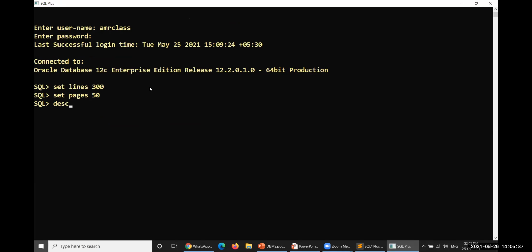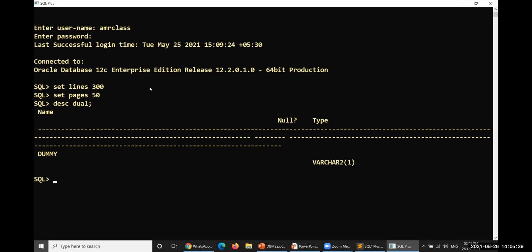Then we operate DESC, describe DUAL. You could observe nothing much is there, just one column. The column name is DUMMY and it is VARCHAR2 of size 1.